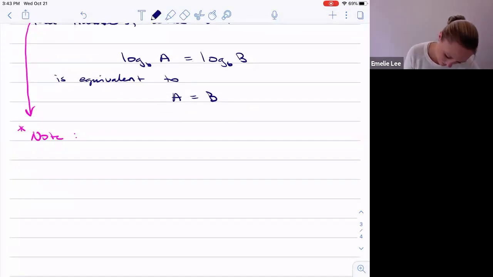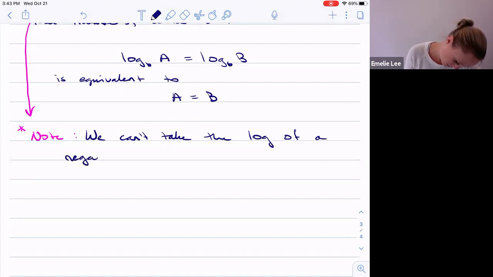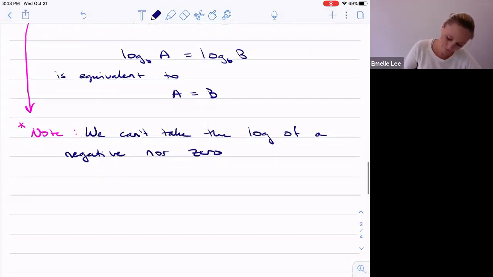So we can't take the log of a negative, nor 0. Right?